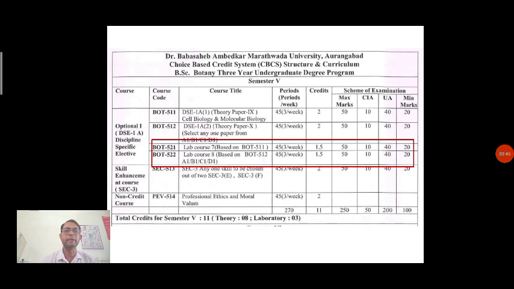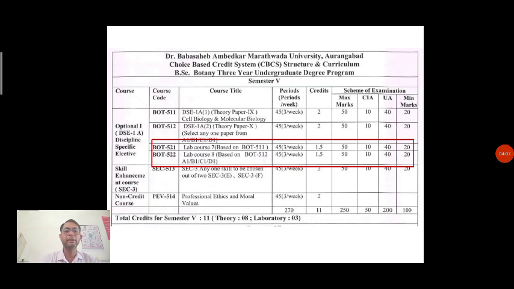This non-credit course is professional ethics and moral values. This is the special subject. Again this has 45 lectures per semester and 2 credits, but it does not have any marks or mark distribution.